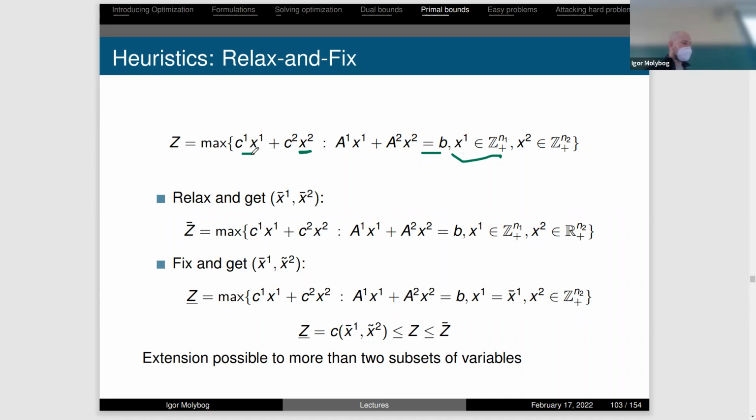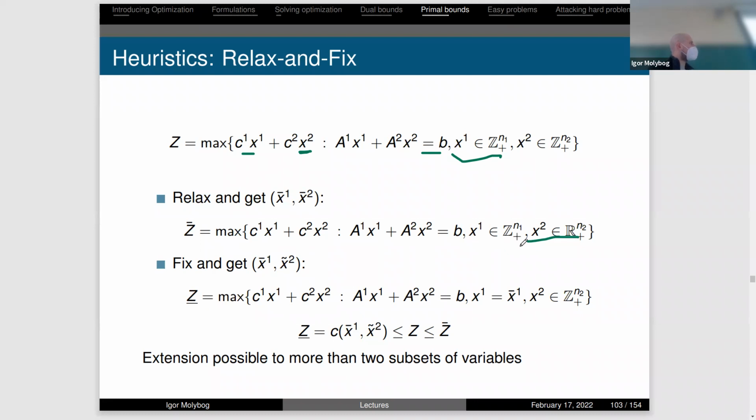So the first stage of the relax-and-fix approach is to relax the second set of constraints. Instead of optimizing over an integer set, we are optimizing over a set of non-negative real numbers, which potentially makes our problem a lot easier, because the more integer variables, the more complex the problem is.